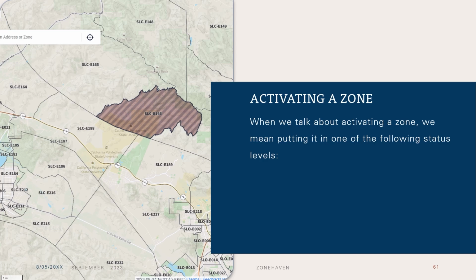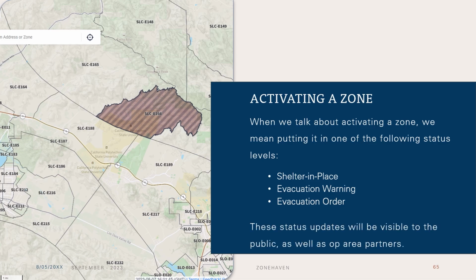When we talk about activating a zone, we mean putting it in one of the following status levels. The incident commander may want to shelter in place, provide an evacuation warning, or provide an evacuation order, or a combination of the three. These status updates will be visible to the public as well as the op area partners.